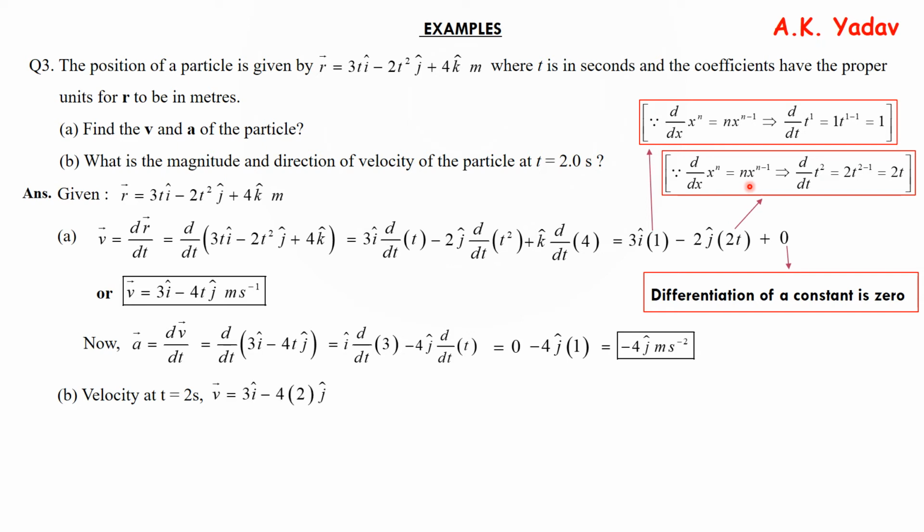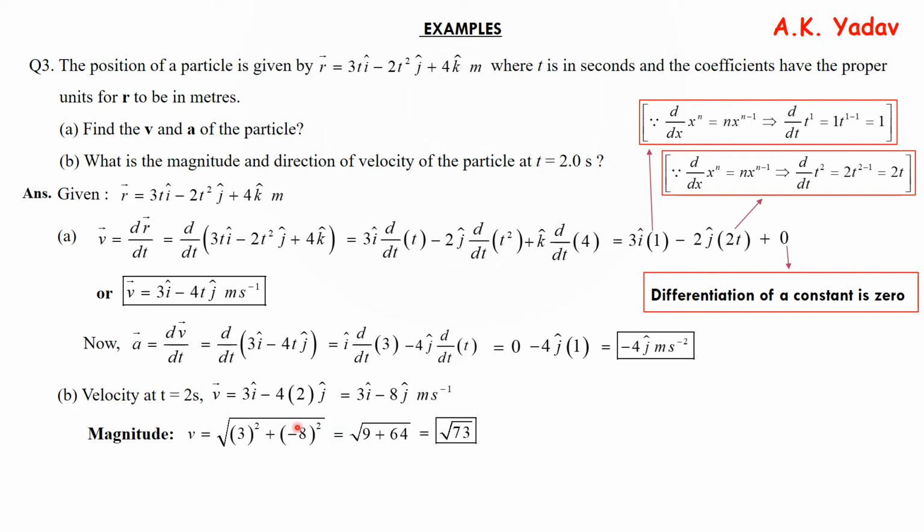We need to find the velocity at 2 seconds. Now velocity is v equal to 3i cap minus 4t j cap. In place of t we put 2 seconds, and we get 3i minus 8j meter per second. Now we need to find the magnitude of this, which is under root of i component square plus j component square.